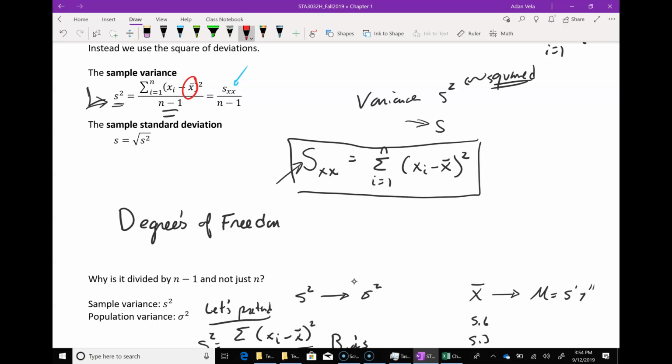And so that took away a degree of freedom. So some people relate the degrees of freedom to that denominator, because the degrees of freedom is given by n-1 for this equation.